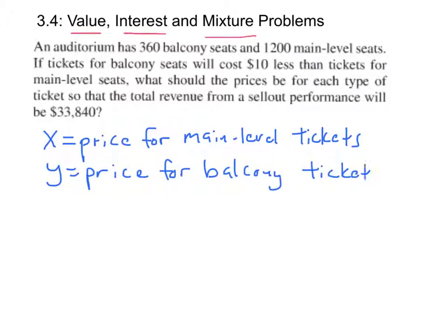Now from here, since we have two variables, we have to create two equations, and that will give us the system of equations. Once we have that system, we'll solve it using one of the methods that we've learned.